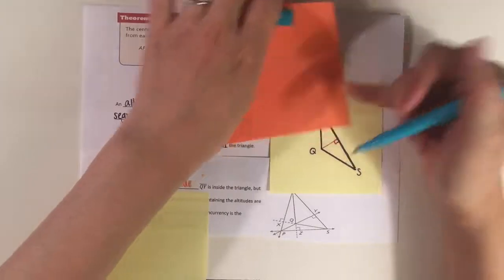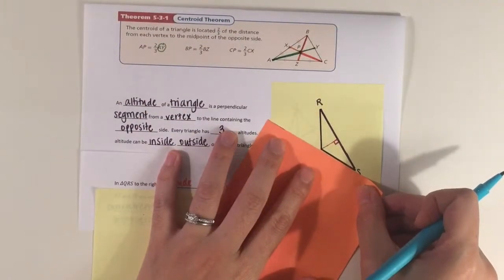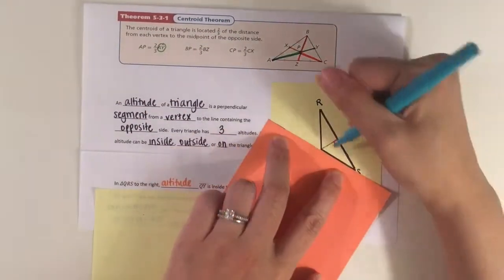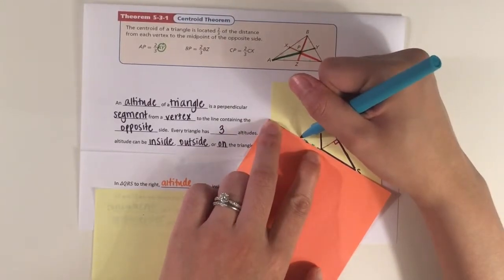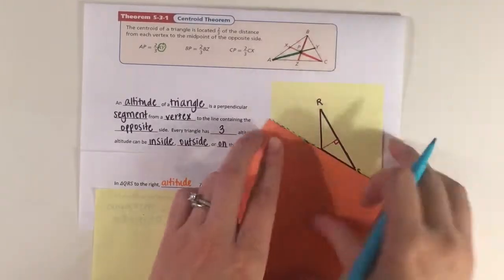So let me go ahead and create the invisible side first. So here's QS. It actually stops here in the actual triangle. Imagine it going further invisibly.